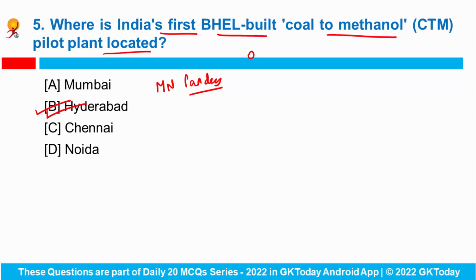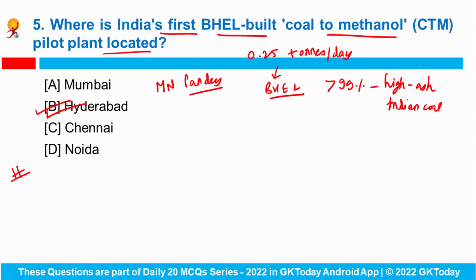So this 0.25 tons per day capacity CTM pilot plant has been indigenously designed, developed and installed by Bharat Heavy Electronics Limited, and it is producing methanol with purity of more than 99% from high ash Indian coal. Now apart from it, the Union Ministry of Power has revised the guidelines and standards for charging infrastructure for electric vehicles.